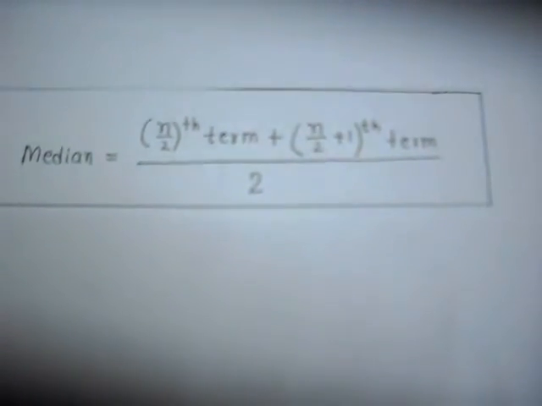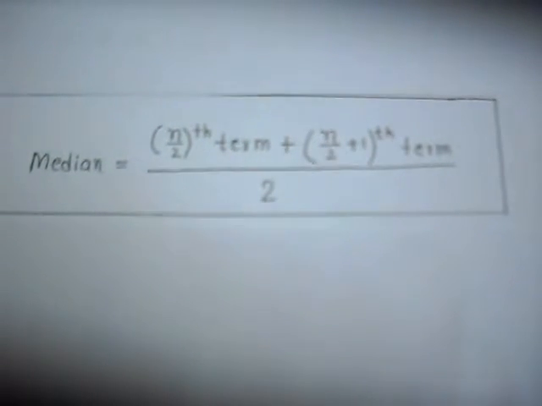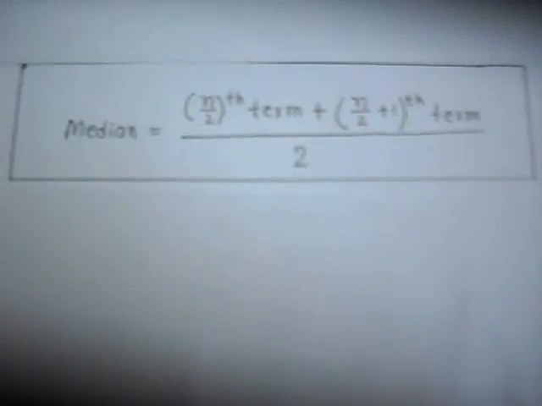The fifth and sixth terms, then total divided by 2. In the next step, in place of n we have written 10, 10 divided by 2 plus 10 divided by 2 plus 1, and total divided by 2.